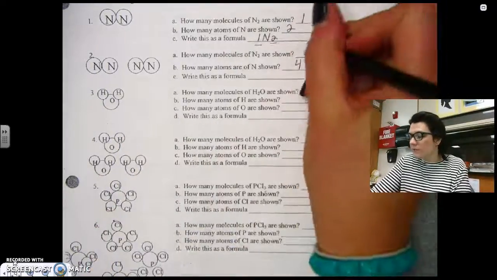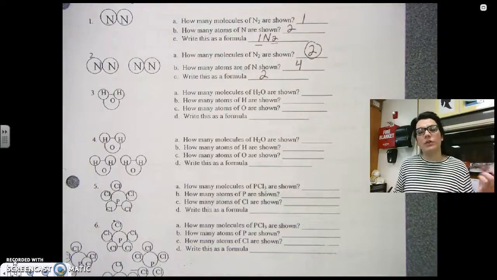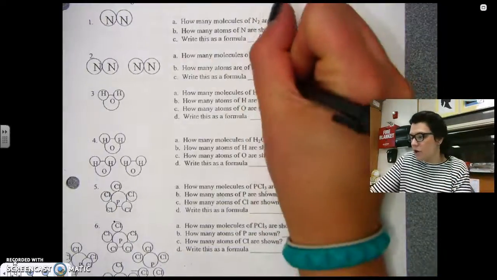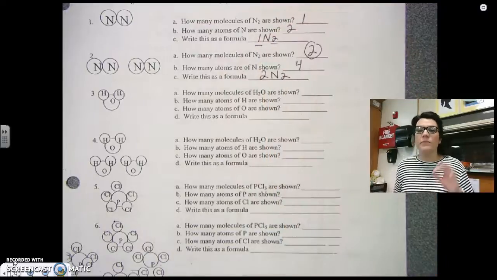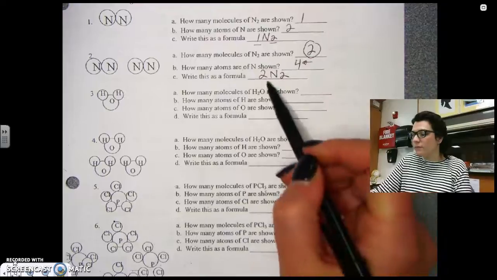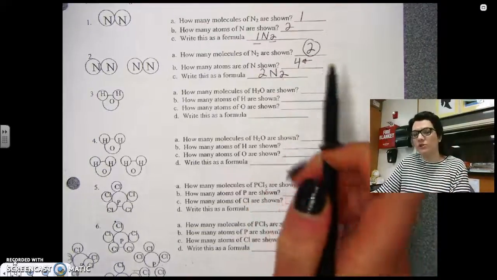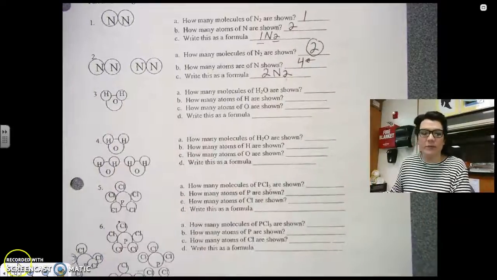So what I'm going to say is, well, I have 2 molecules, and within each molecule, there's 2 nitrogen atoms. So this would be N2. Now, to get the 4 here, if you remember, the 2 times 2 is going to give me the 4 total nitrogen atoms, and that's exactly what is present here.